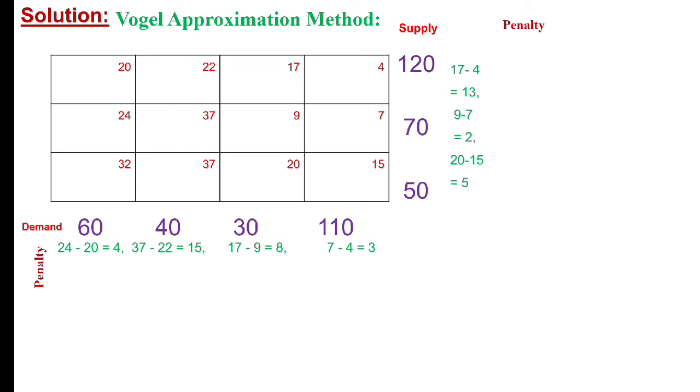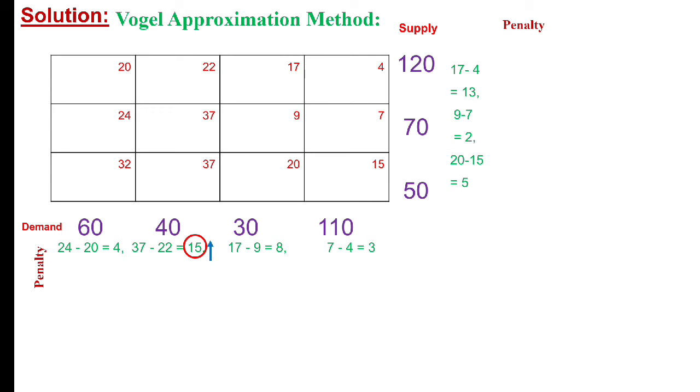In that second column, which is the minimum cost? 22 is the minimum cost. So how much can I allocate there? 40. The remaining row-wise supply will be 80. 40 will be allocated, so the second column is completely exhausted, and we need to cancel it. This is the first procedure we need to follow.